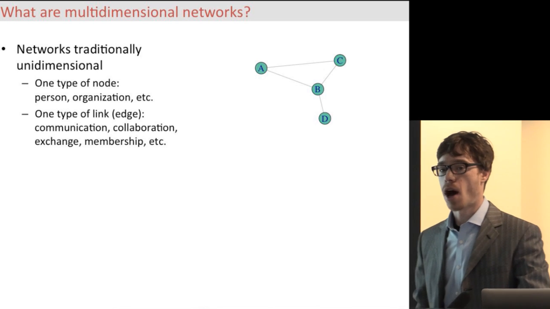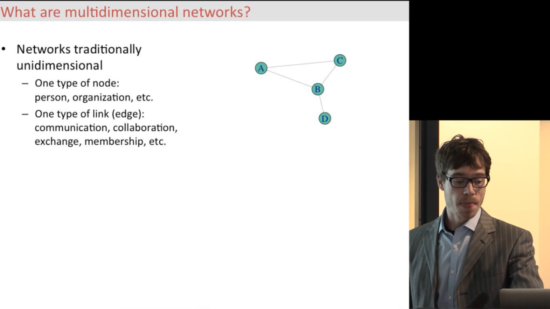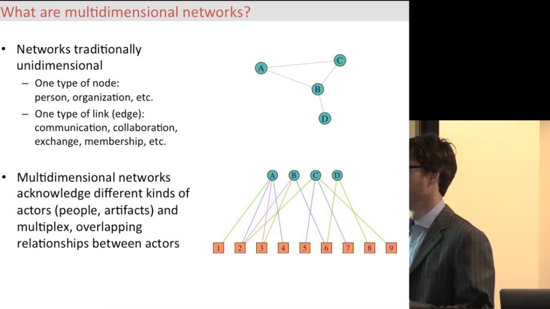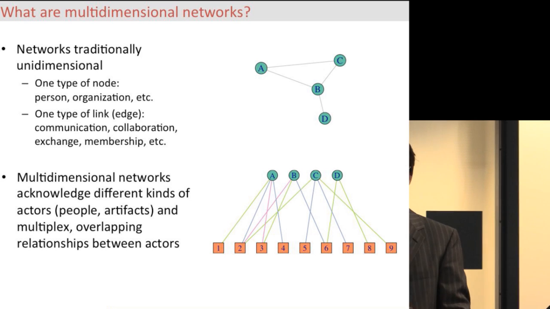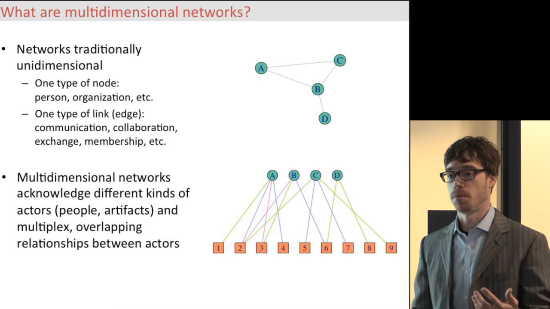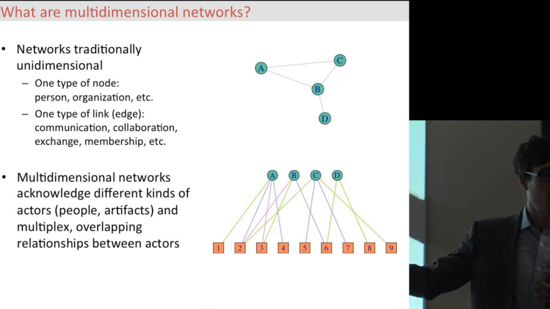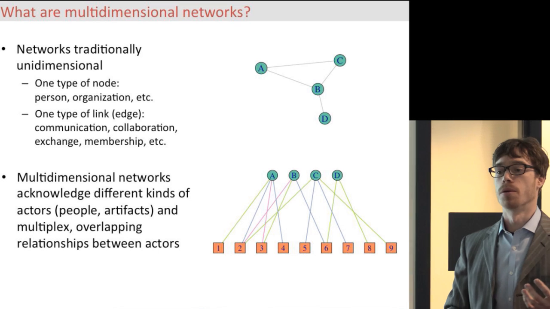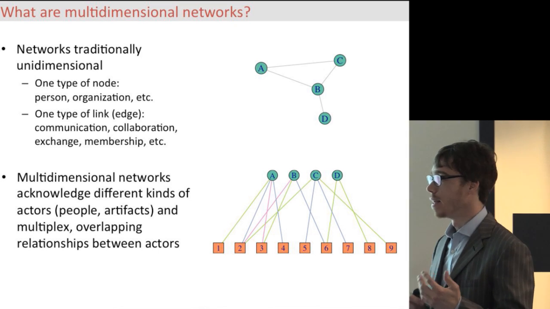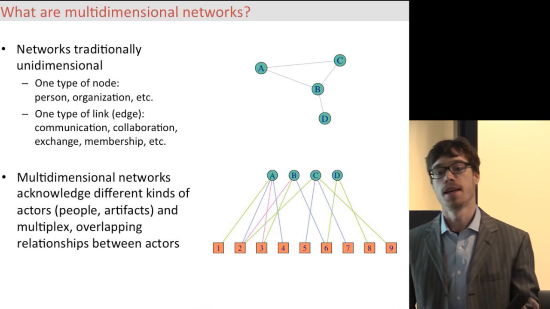But this is actually not how a lot of networks really look in the field, because a lot of them have a multidimensional structure, where you are not restricted to a single type of node, but have multiple types of nodes. For example, you could have people and artifacts. People work on certain documents, for example. In addition to these two types of nodes, you might also have different types of links between them.